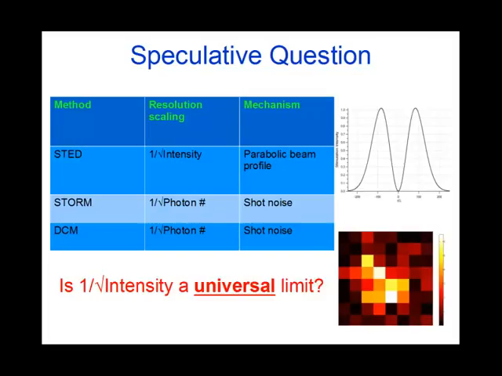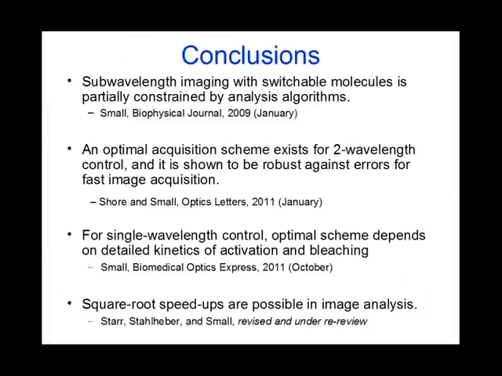Is there either a way to show that when you combine these different steps, you always get the same limit? Or is there a way to combine them and get something better? Because if there's a way to get something better, then there's a gold mine to be dug. If this is the limit, then we know where to go for future improvements.